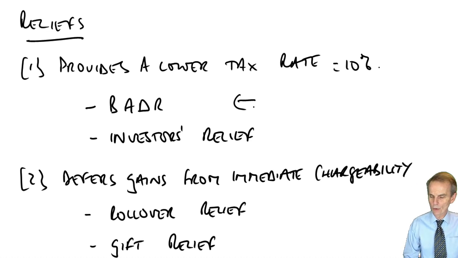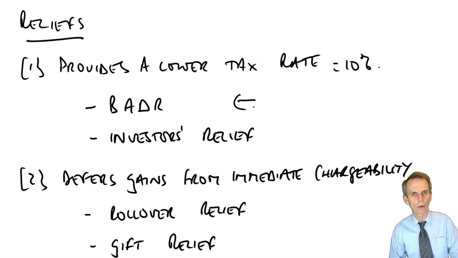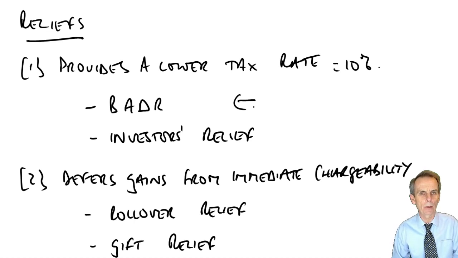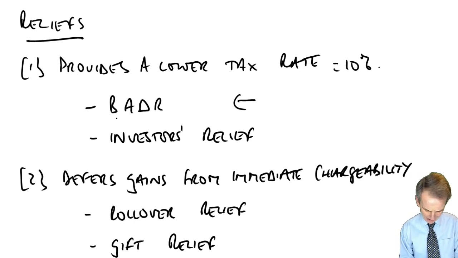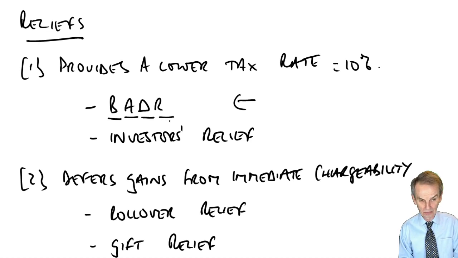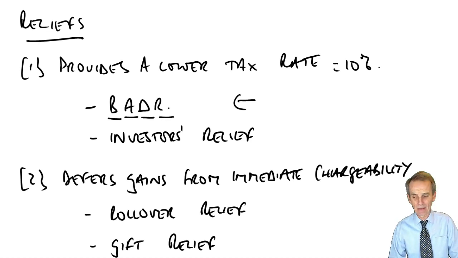A good European, a good French word there, the entrepreneur. Well, whether it's anything to do with Brexit or not, we dropped the French word. And what we now have is this, Business Asset Disposal Relief, which is a pretty obvious statement. We're going to get relief on the disposal of business assets here.